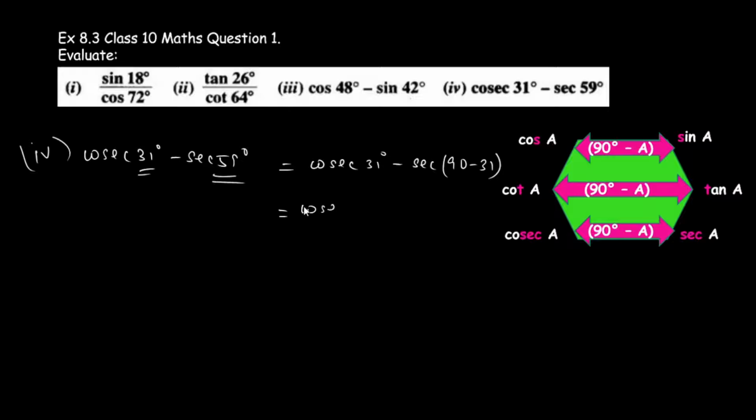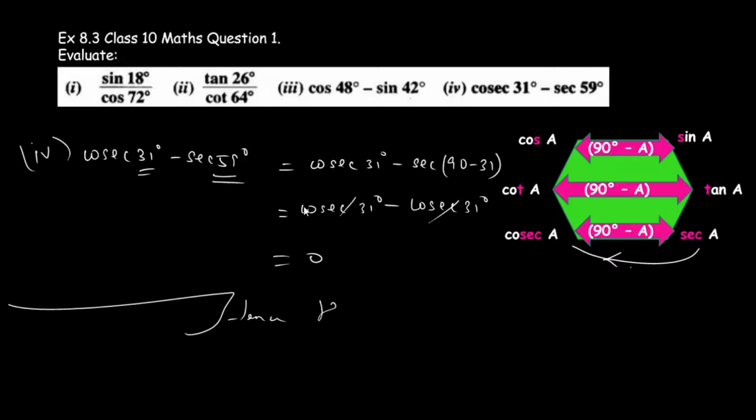Secant is always a friend of cosecant. Secant of 90 minus a is cosecant a, therefore secant of 90 minus 31 is cosecant of 31 degrees. The 31 degrees cancel out, and the result is 0. Hence the solution.